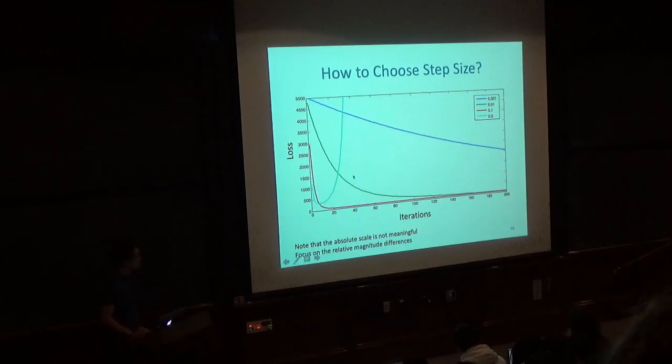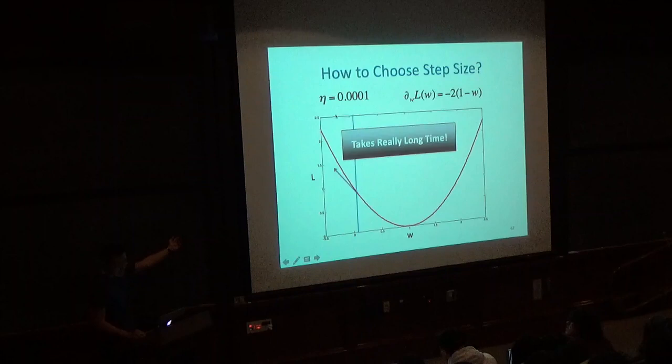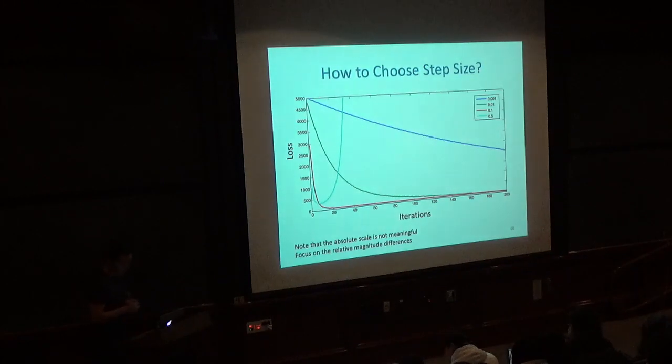But then if we set the step size too large, we not only don't converge, but we actually diverge. And in fact, in this previous example, if I set eta to be greater than 1, you'll also diverge. Also, keep in mind that the absolute values of the y-axis are not meaningful. It's the relative comparisons that are the point of this slide.